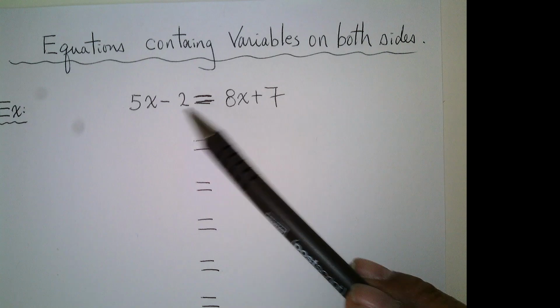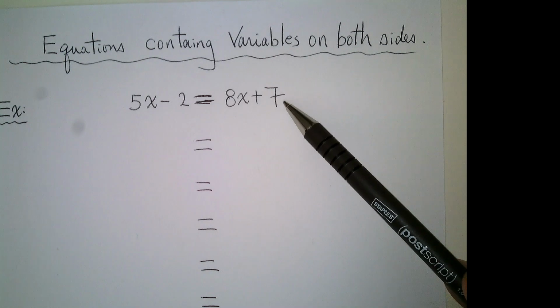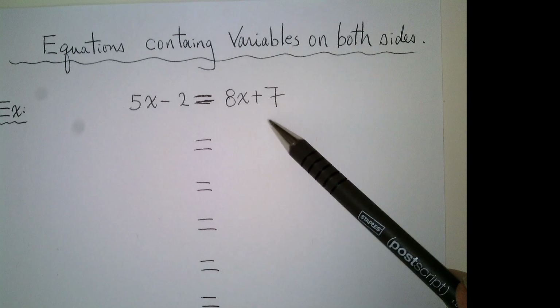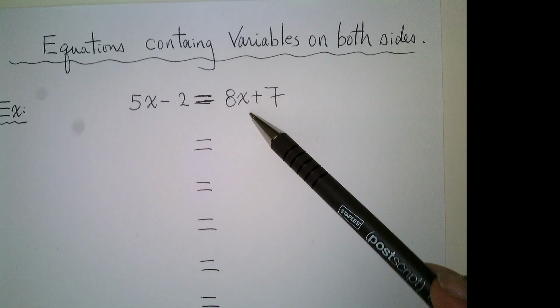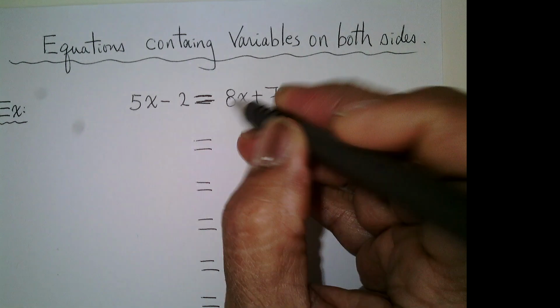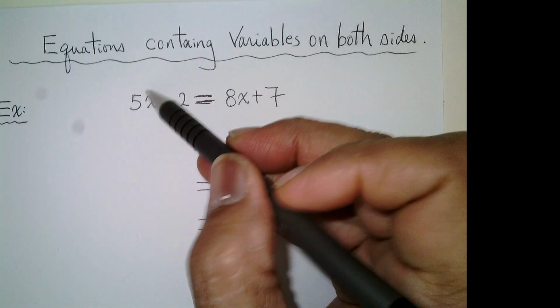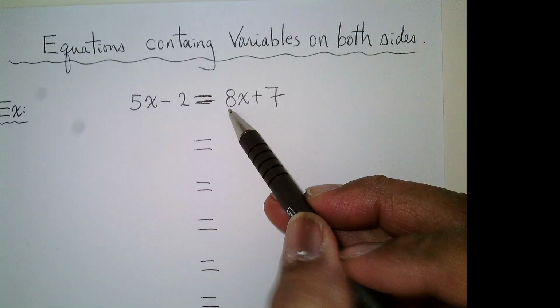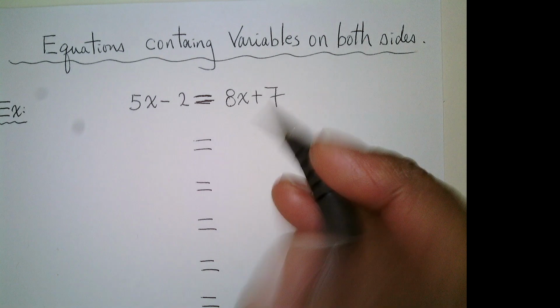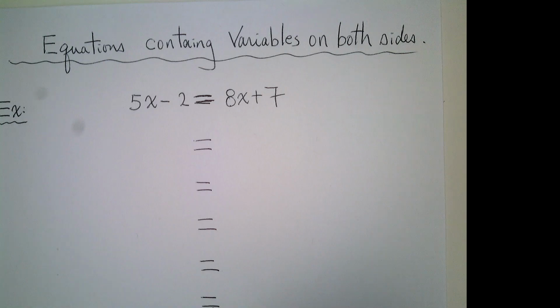The equal sign divides the equation into two sides, the left and the right. So if you have letter terms on both sides, the priority is given to the variable term first. You have 8x, you have 5x. 8x is larger than 5x, which means right away, in the final step, you want to see the x on this side.